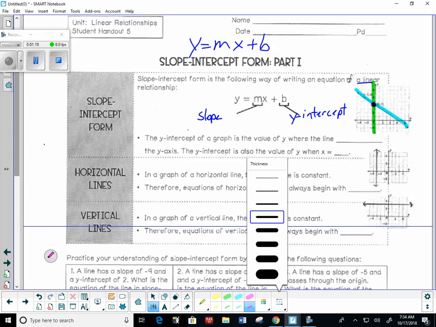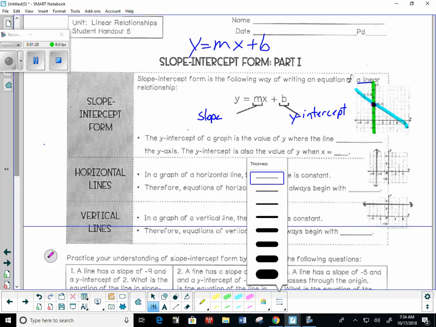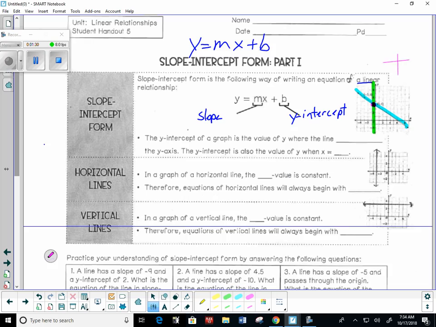Really importantly, students, whenever we are finding 0, and x marks the spot, it looks like our x value is 0, and our y value looks like it's 4.